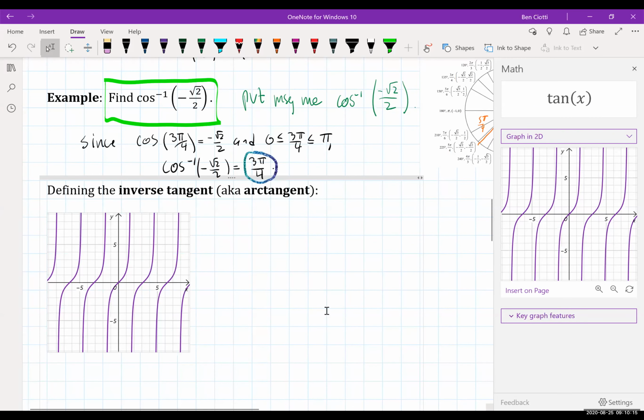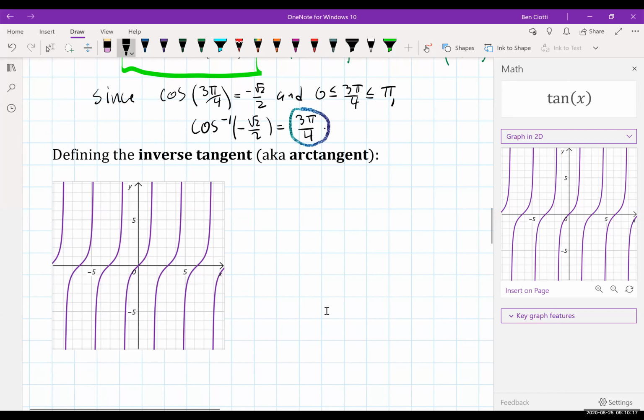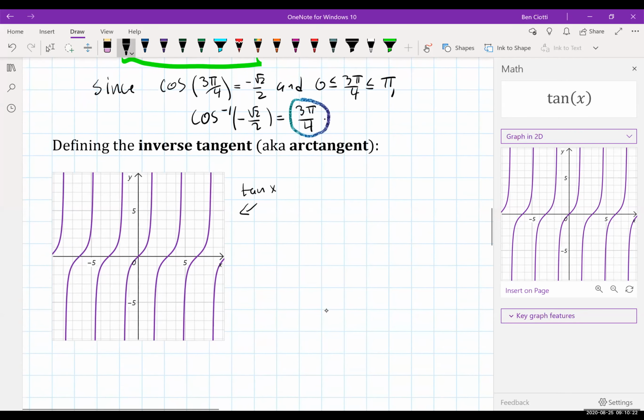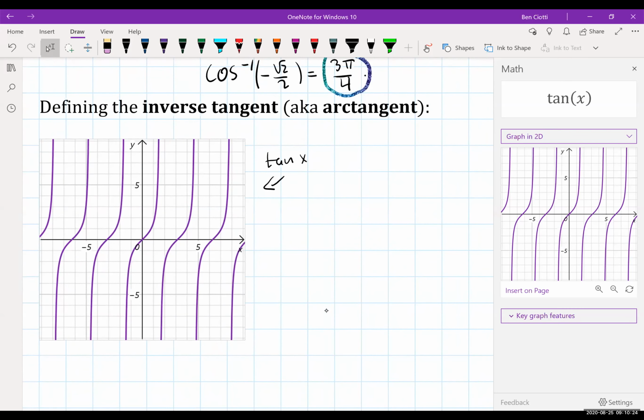So there's the graph of tan. And as I mentioned, it has vertical asymptotes at pi over 2, at negative pi over 2, and a whole bunch more, but we're going to restrict the domain to just lie between negative pi over 2 and pi over 2.